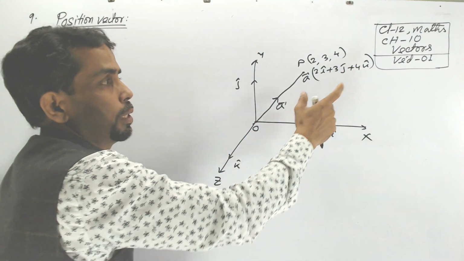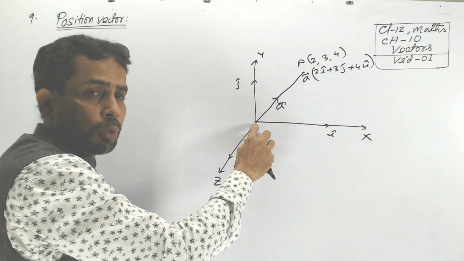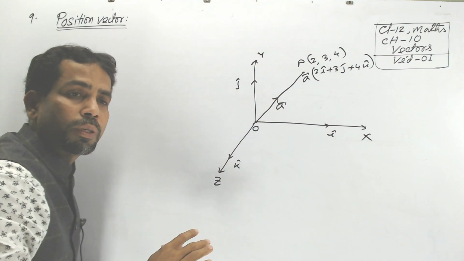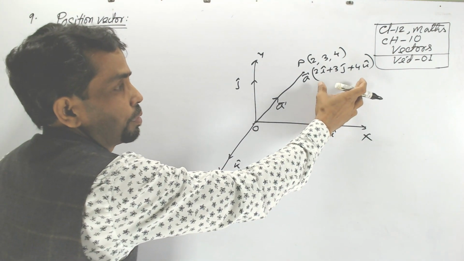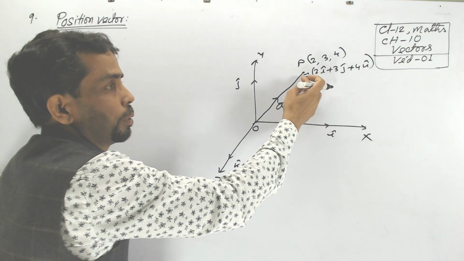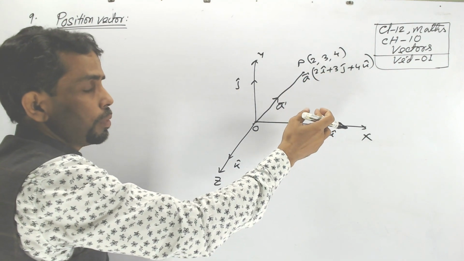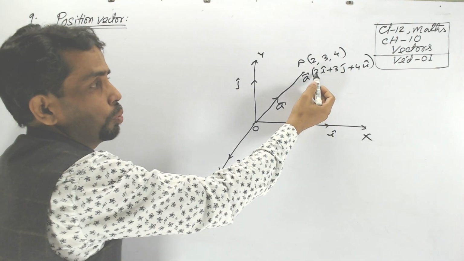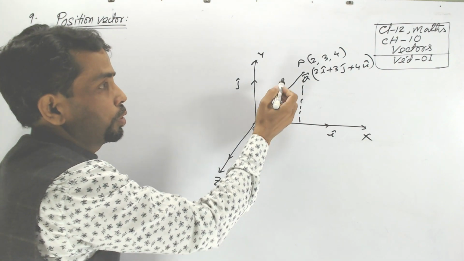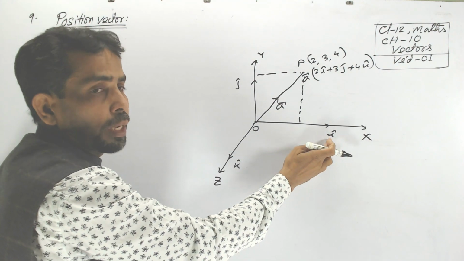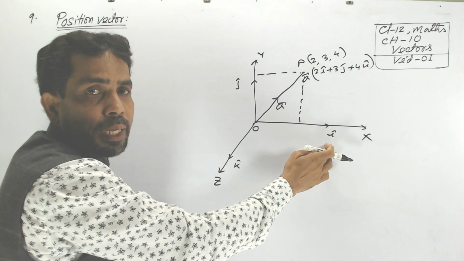Remember, the position vector is a vector starting from the origin and ending at the specific point. When any point is represented by a vector, 2 is the projection along x, that is along i cap, since the x unit vector is i cap.